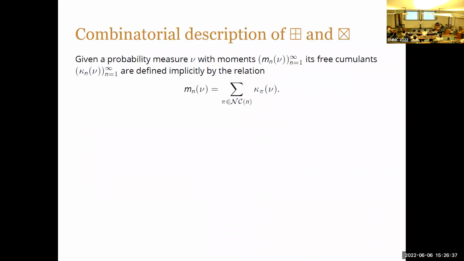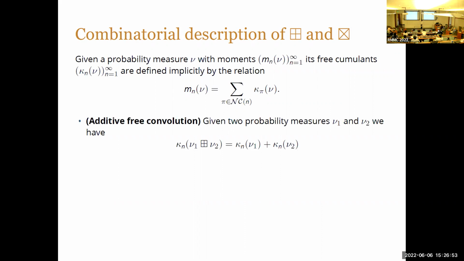And there was also some mention that you can use cumulants, free cumulants to describe the additive free convolution, for example. So this is the relation between free cumulants and moments. And free cumulants are cooked so that this relation holds. So they're additive with respect to the free additive convolution.